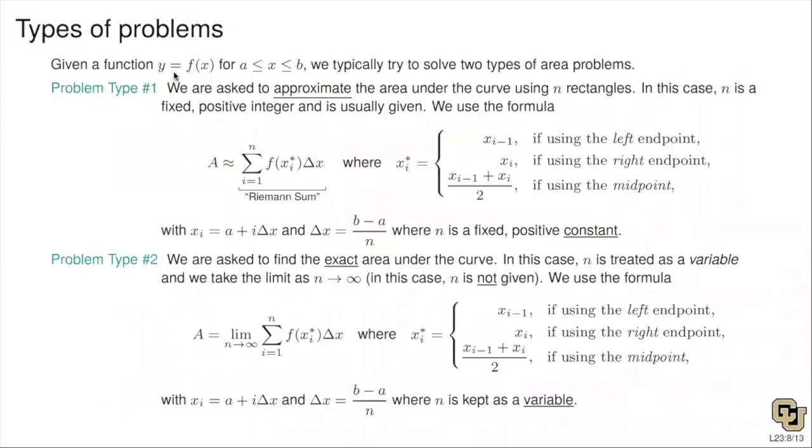So I also want to mention here, in this section of calculus where we're doing these area problems, there are two types of problems that we are typically faced with. And herein lies a potential point of confusion, and this is where some students can have issues.